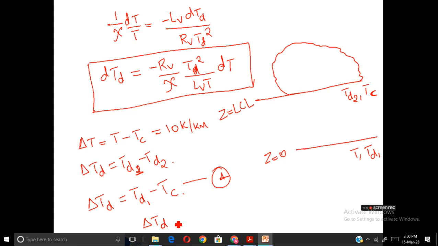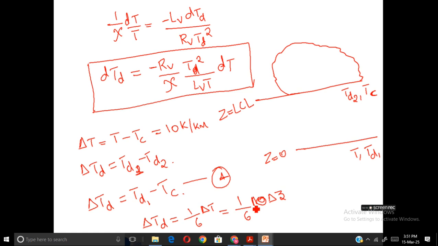Another equation, which is basically the relationship between the dew point and temperature T, is given by 1 by 6 into delta T, or we can write 1 by 6 into 10 delta Z. 10 is the change in the temperature.